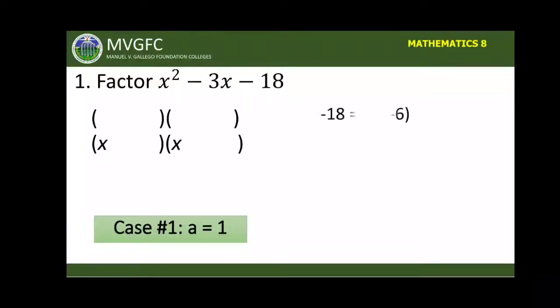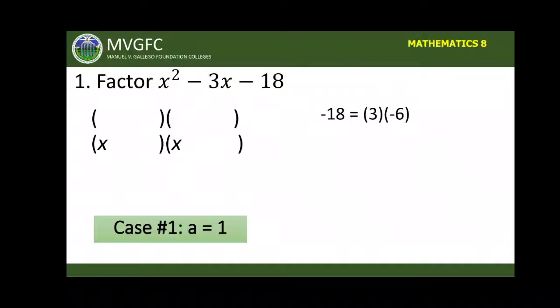Now, dun sa sinabi natin kanina, if you're going to factor out the numbers so that you can get negative 18, make sure to think of two numbers that when you multiply, the product is negative 18. And when you add, the sum is negative 3. Okay?